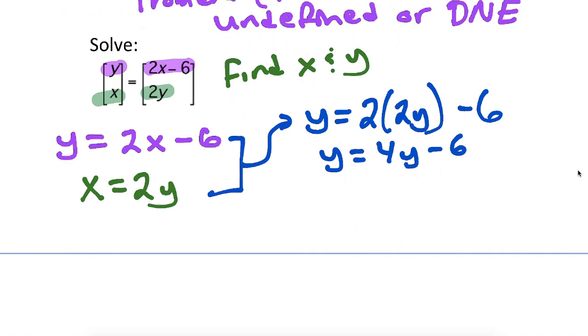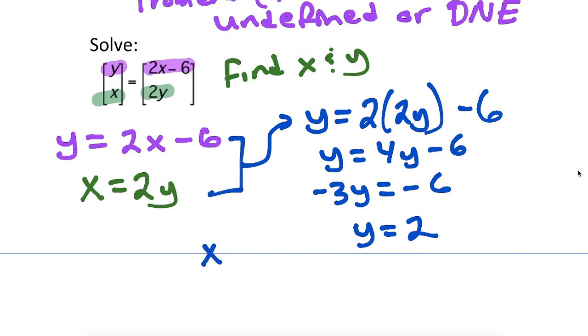Subtract 4y, negative 3y equals negative 6. Divide by negative 3, y is equal to 2. So if y equals 2, then x must be 2 times 2, or x is equal to 4.